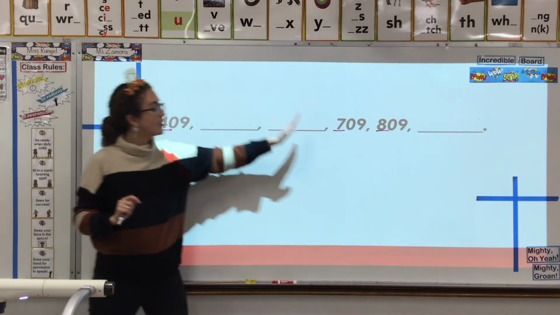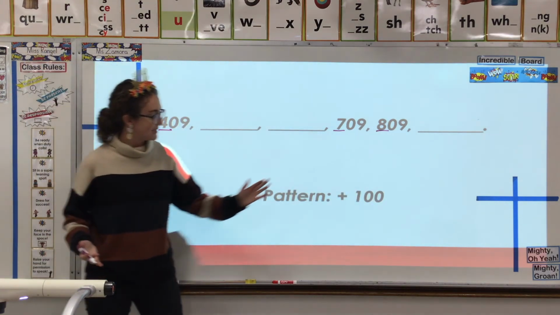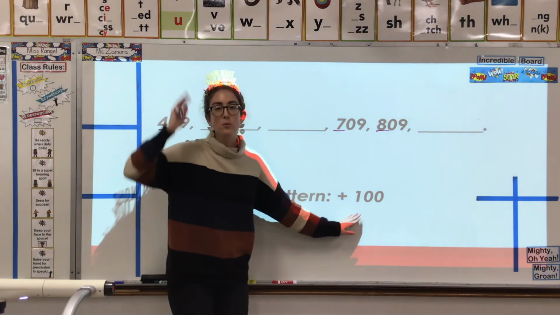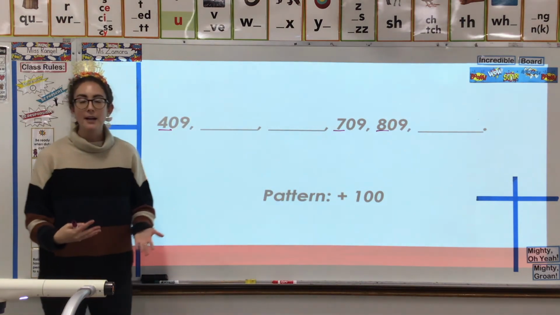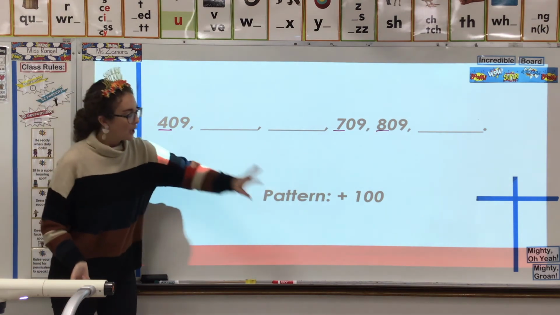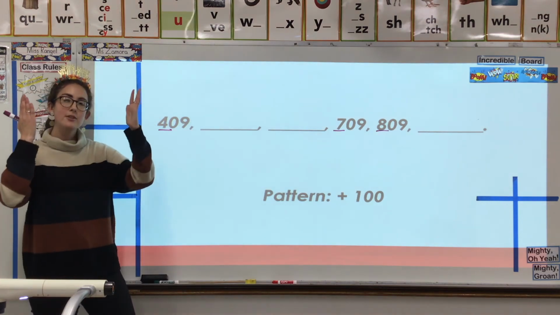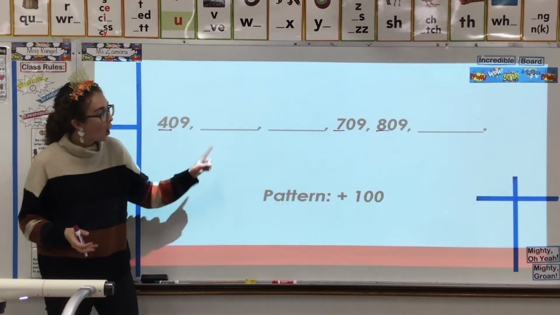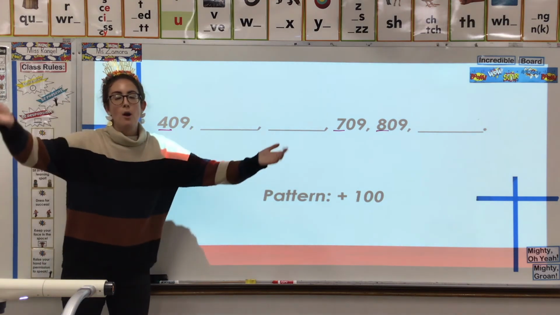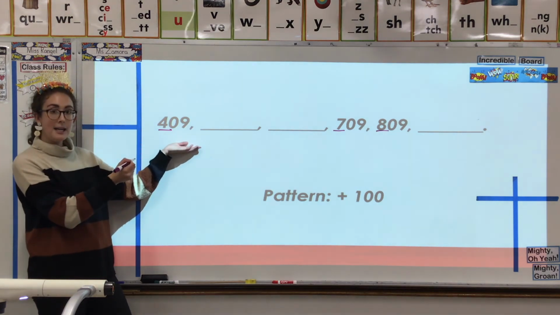And as the hundreds place was changing, our pattern for this sequence is 100 more than. We're adding 100 to every number, and that stays the same. It's the pattern. So with this knowledge, we can count up by hundreds and complete all the missing chunks of the sequence. Can you do that with me? Right along with me. Can we have 409?